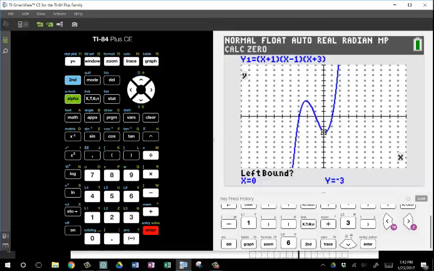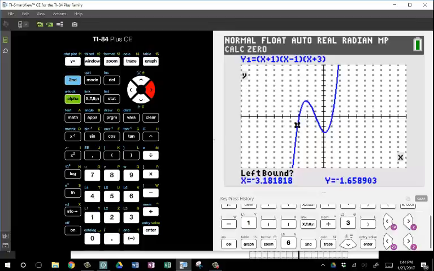The left bound. So what we want to do is go over far enough so we're left of our first point. So when I say our first point, I mean this spot right there. So we want to be left of that first point.